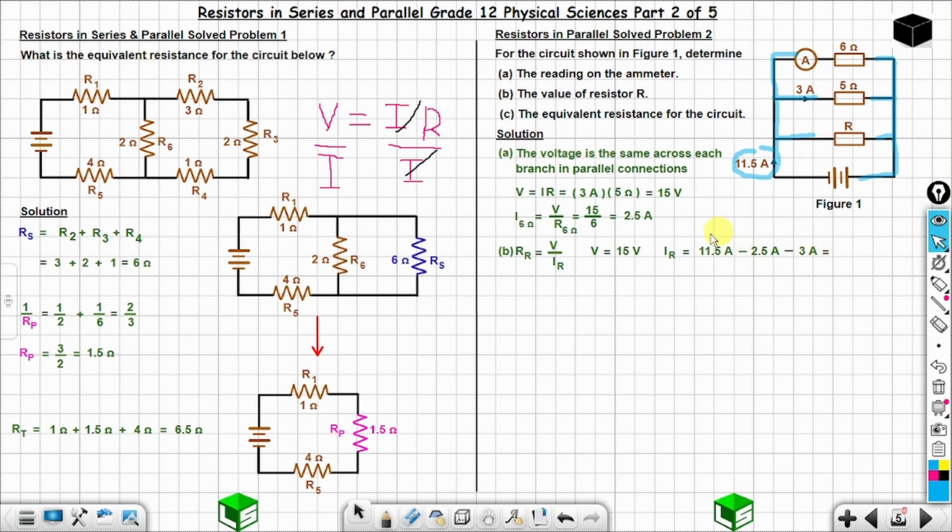Now you're going to have 6 amperes. So you have 6 amperes on this branch, 2.5 on this branch, and 3 on this branch. 2.5 plus 3 plus 6, you are going to have 11.5.